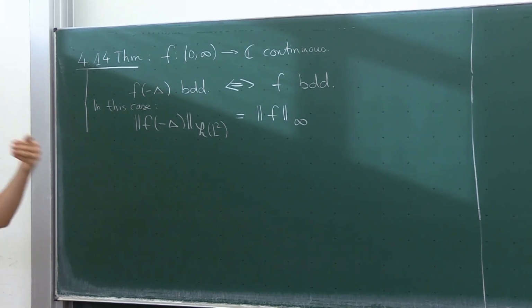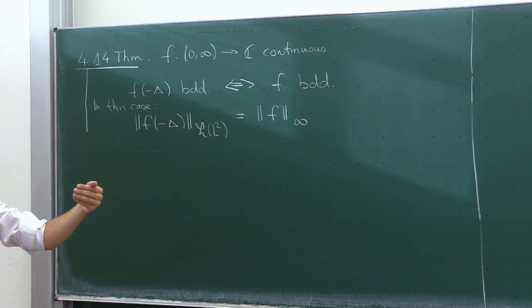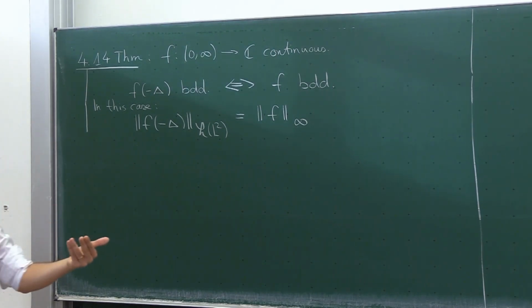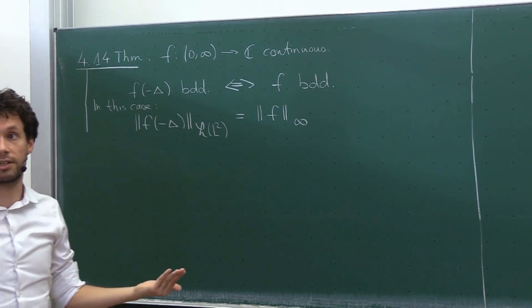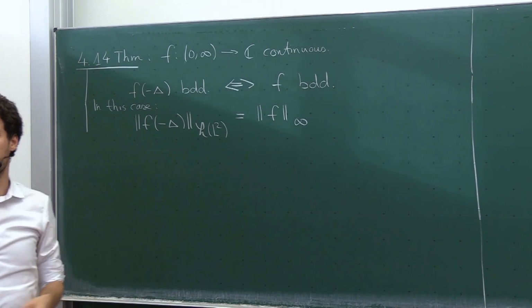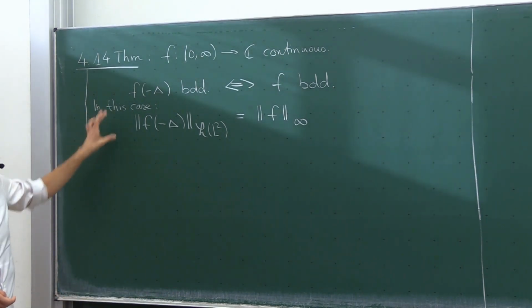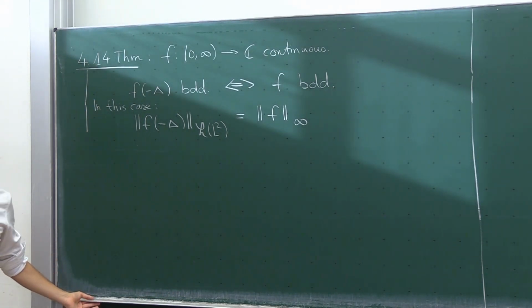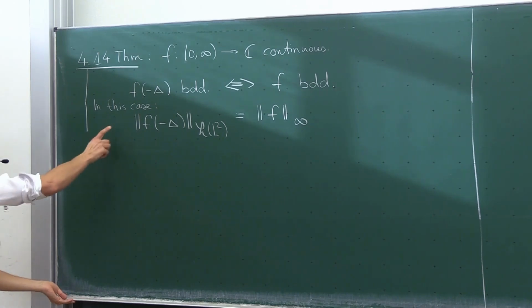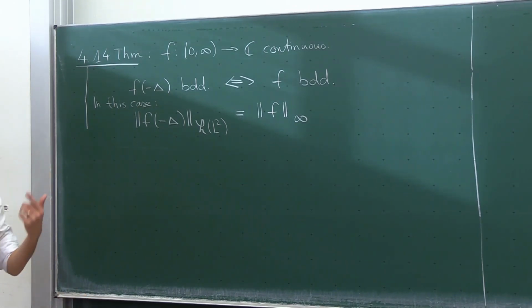Here it's easy because of the properties of multiplication operators. It's going to be much, much harder when we talk about more general operators later on. So later on we're going to call this an H infinity calculus, and it's going to be a property that is intriguing and hard to check, and it takes some time to develop all of the material. But here we see a first version of it, which comes from the theory of multiplication operators.